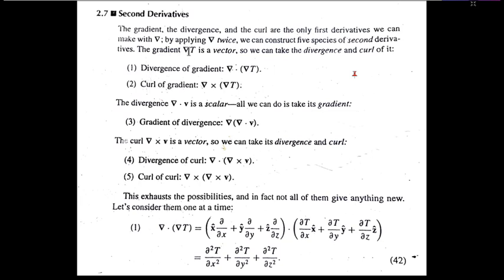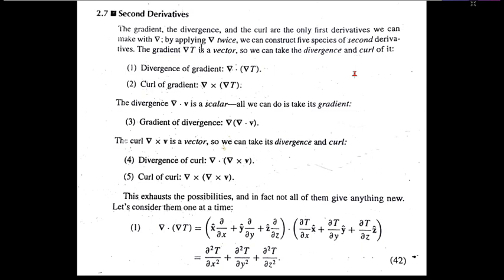The gradient del T, you should remember T must be a scalar, because the gradient is only applicable on a scalar quantity, and the outcome will be a vector. So the gradient will be a vector, and we can take a divergence and a curl of it.